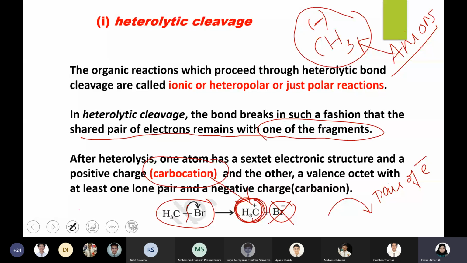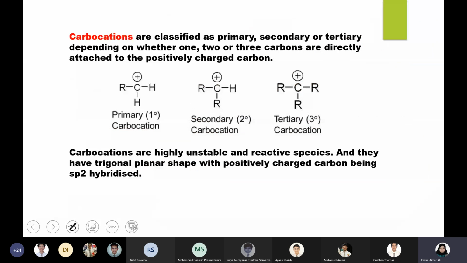I think up to here we discussed in the previous section, in the first period. Then we discussed the classification of carbocations. Carbocations are classified as primary, secondary and tertiary, and this classification is based on the number of alkyl groups.